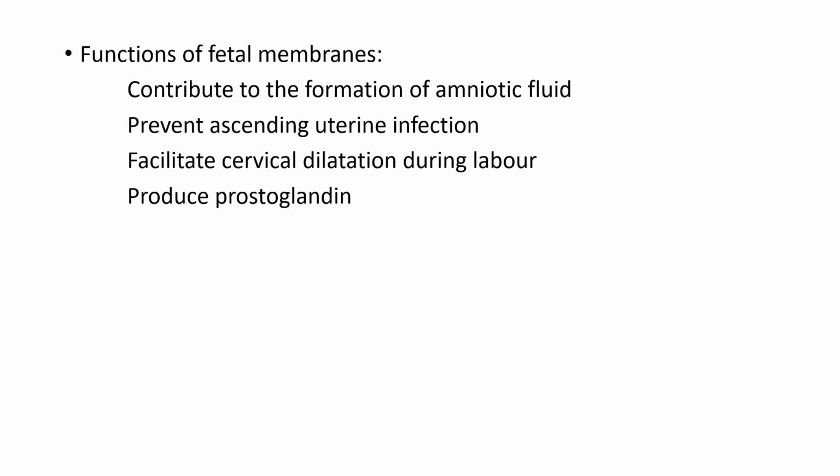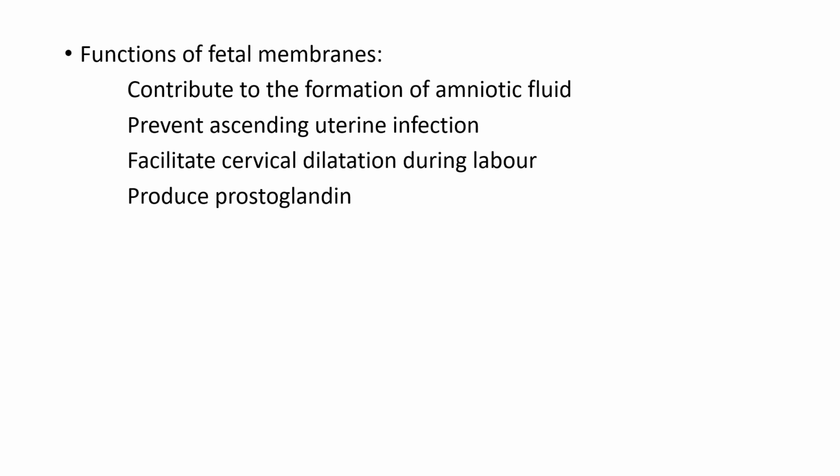We know that during pregnancy the cervix is closed, and when the membranes hit the cervix due to uterine contractions, it helps the dilatation of the cervix. During delivery the cervix should dilate from 0 centimeter up to 10 centimeter. So this bag of membranes with the fluid helps for the cervical dilatation.